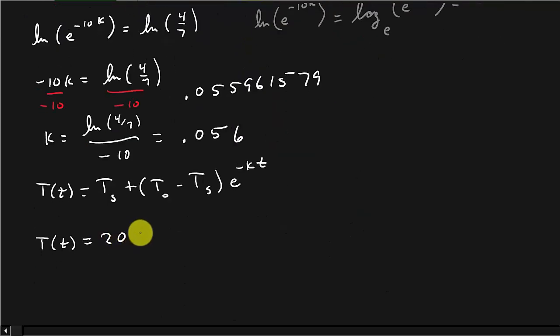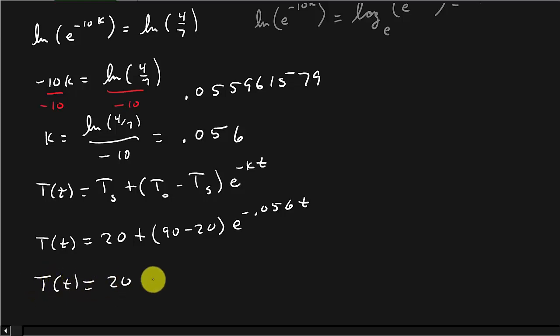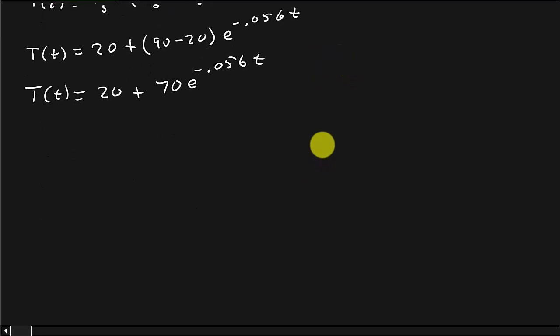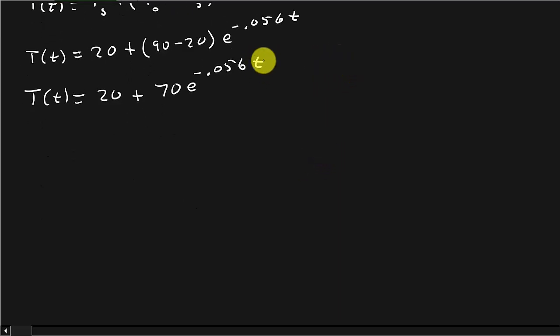So that's going to be 20 plus 90 minus 20 e to the negative 0.056t, which means T of t is equal to 20 plus 70 e to the negative 0.056t. That's our function there. See, the only variable we have now is t. That's what we were wanting to get.